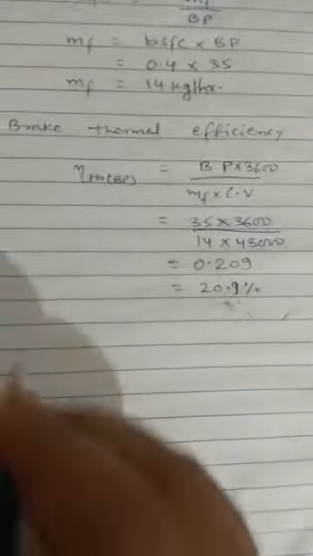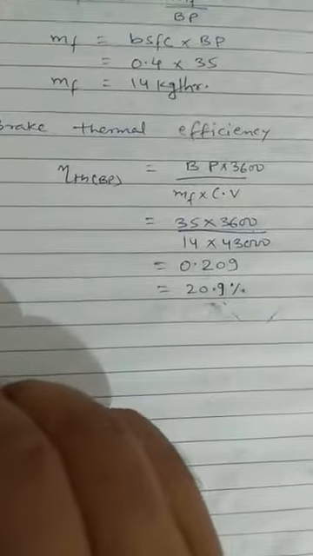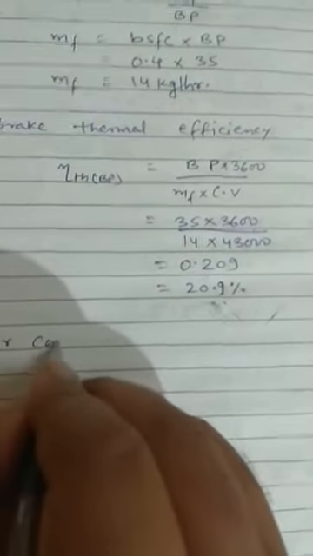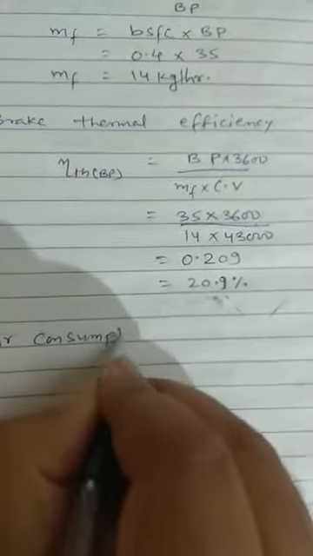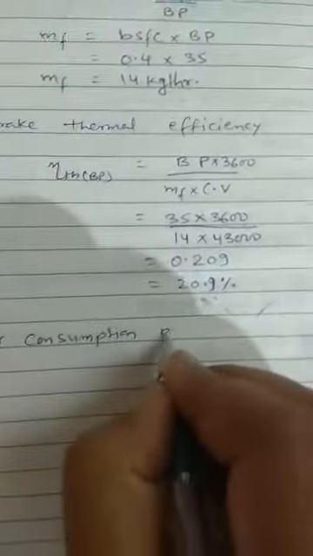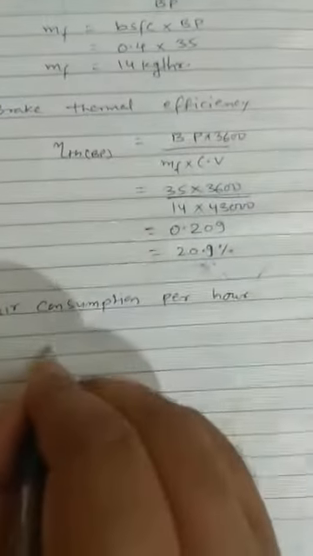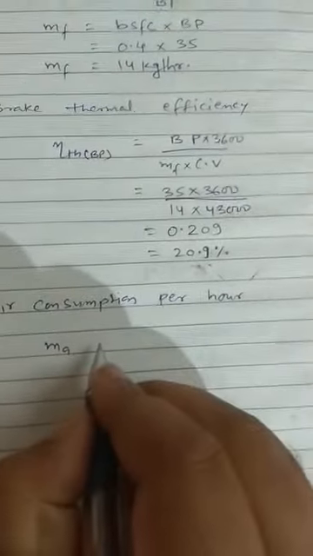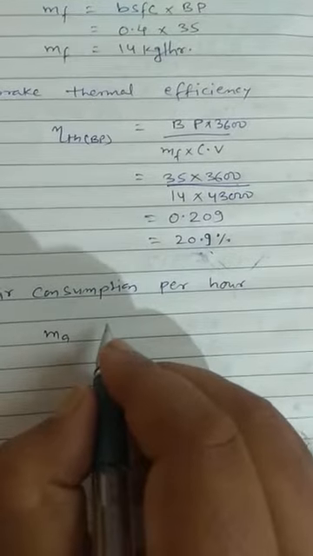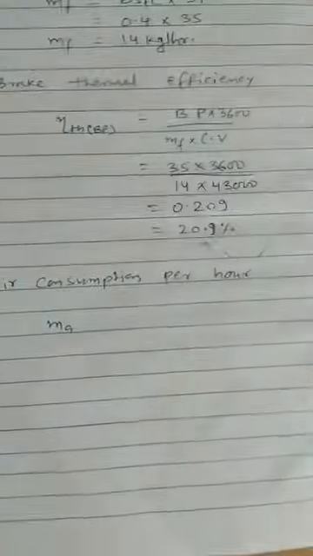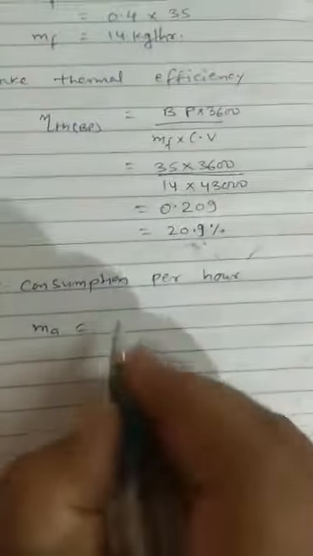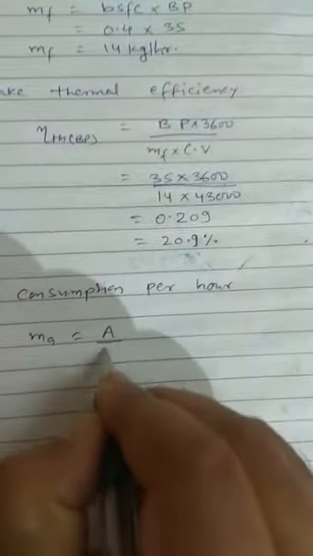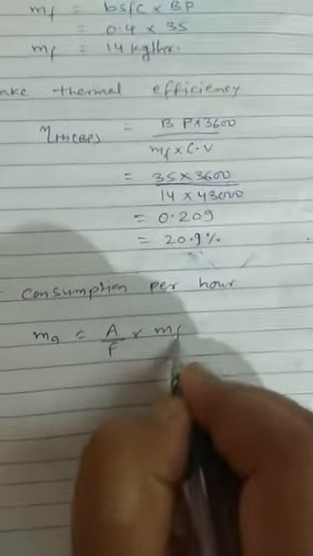Last, we find the value of air consumption per hour. So mass of air is equal to air fuel ratio into mass of fuel.